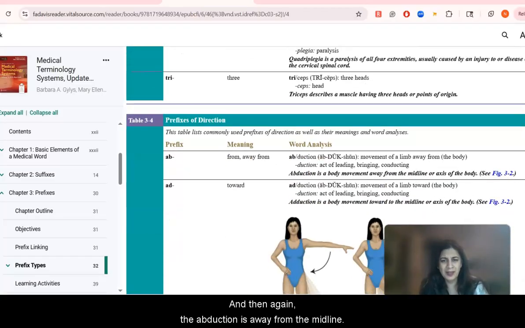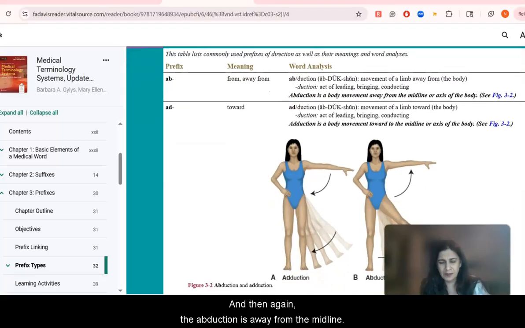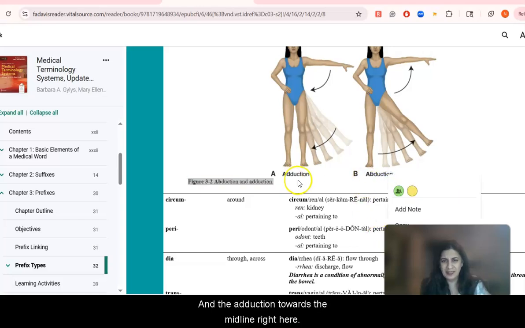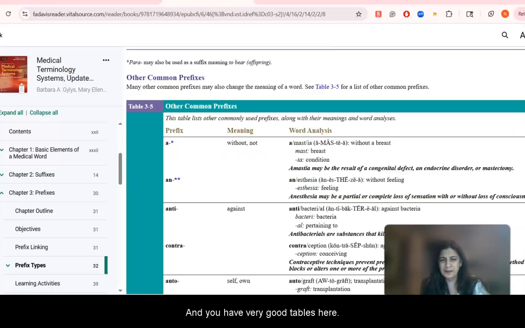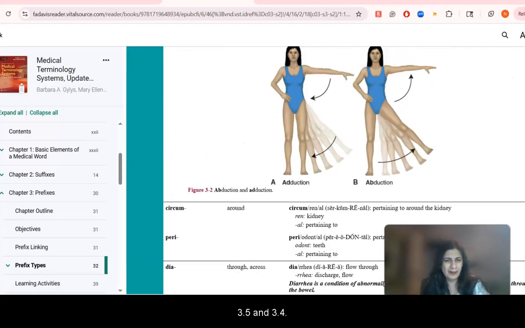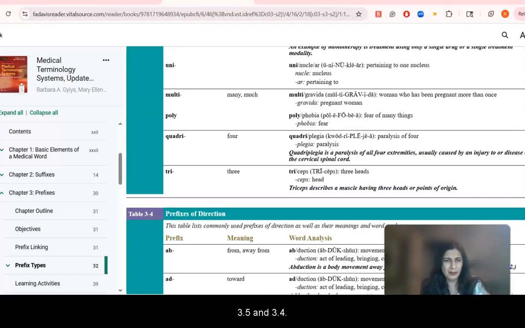And then again, abduction is away from the midline. You can see that picture right here, and adduction is towards the midline right here. And you have very good tables here, 3.5 and 3.4.